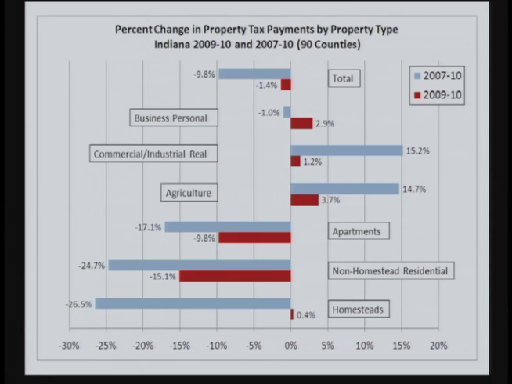And in this case, those reductions have been the result of the tax caps. We imposed a 2% tax cap on rental housing. And since these units are located in cities and towns where tax rates tend to be higher, they have been eligible for tax cap credits, and that has reduced their property tax bill. So apartments and non-homestead residential property have seen their taxes decline as a result of the tax caps.